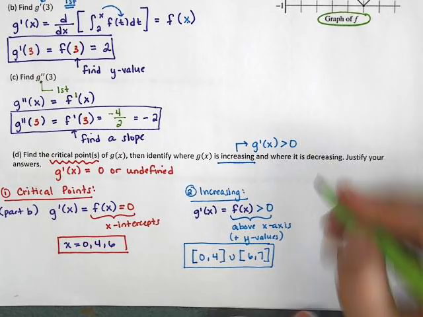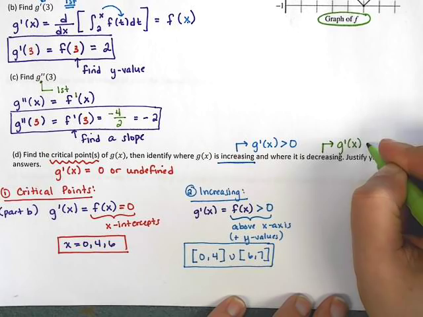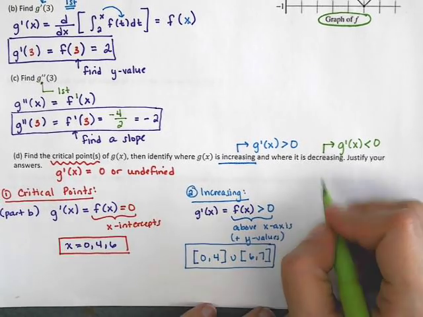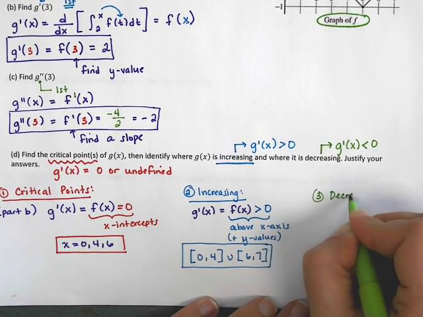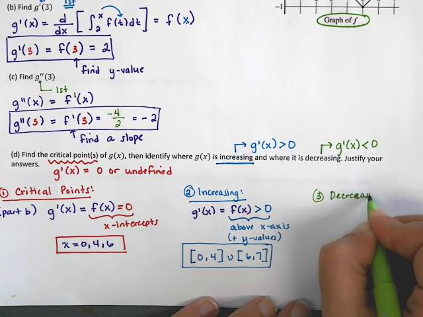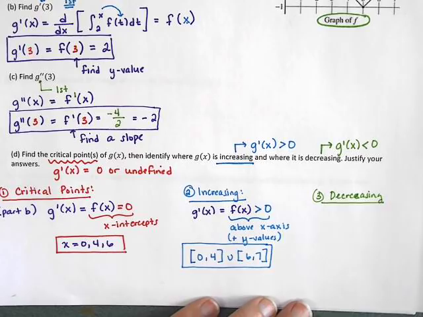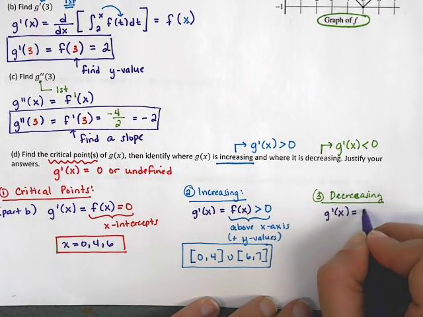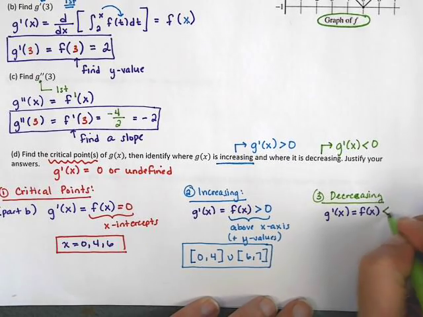Finally, I want to know where g of x is decreasing. So in other words, the derivative is less than 0. So we're going to figure out where g of x is decreasing, using that same function we found in part B, which is that the derivative is just f of x, and figuring out where it is less than 0.